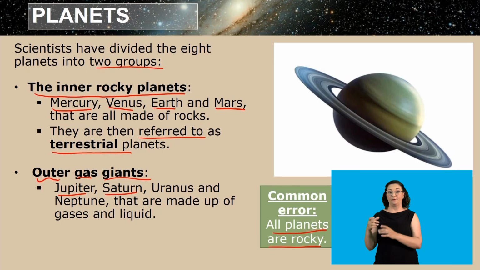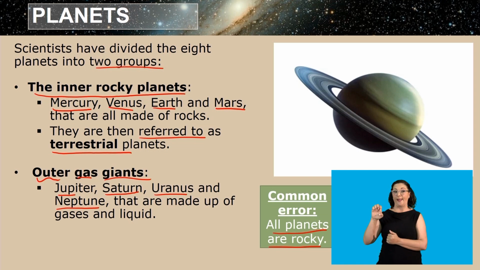Those are Jupiter, Saturn, Uranus, Neptune. They are called gaseous planets because they are made up of gases and liquids.